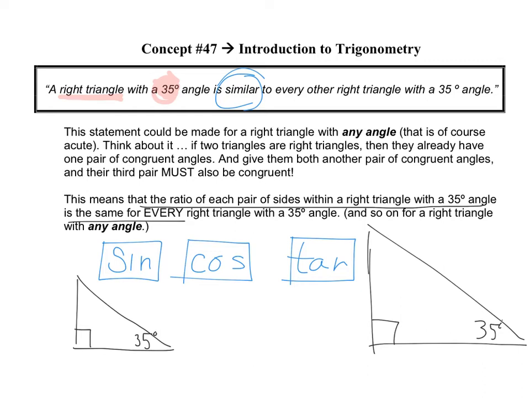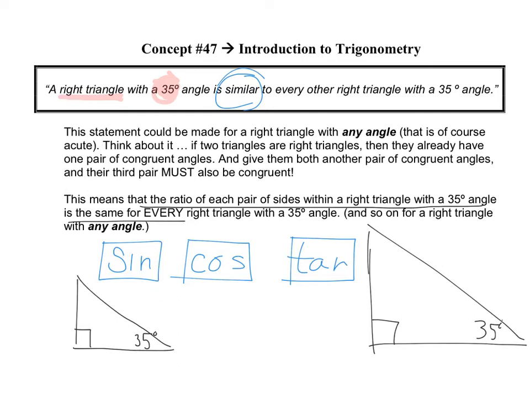So what we're saying here is that if I took the ratio of, say, this side to this side in a right triangle with a 35-degree angle and compared that to the ratio of this side to this side, those ratios are going to be the exact same.